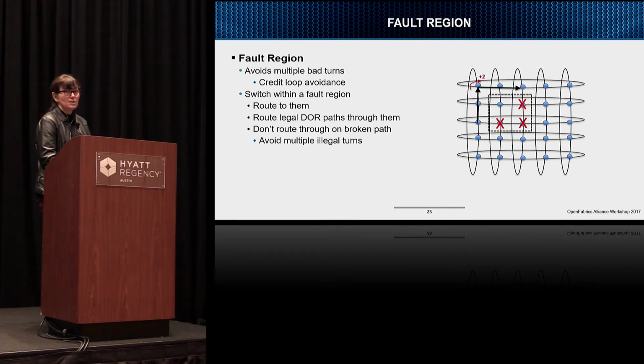Any switch that is missing more than one neighbor is considered part of a fault region. When in a fault region, that switch is still part of the fabric. I mean, we still use it for routing to it. You can route a valid path through it, X, Y here, you could do that. But we do not use it for routing broken paths. So that helps a lot with minimizing the instance of multiple illegal turns.